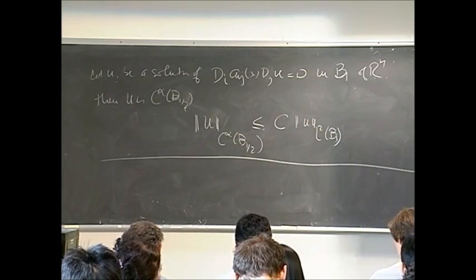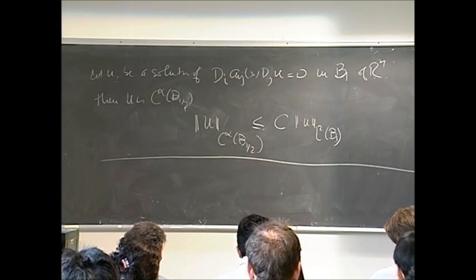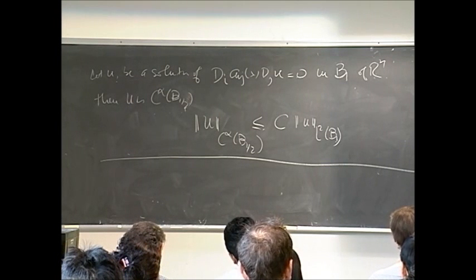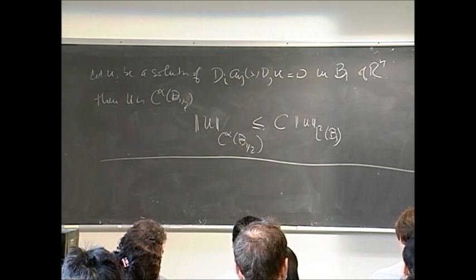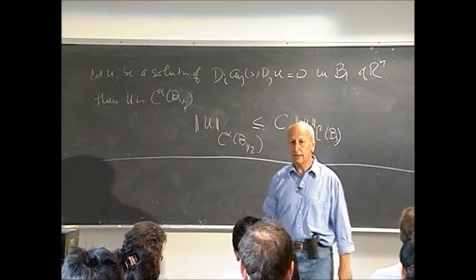And so I said last time the De Giorgi theory basically is divided in two parts. The first part is an L2 to L infinity lemma.